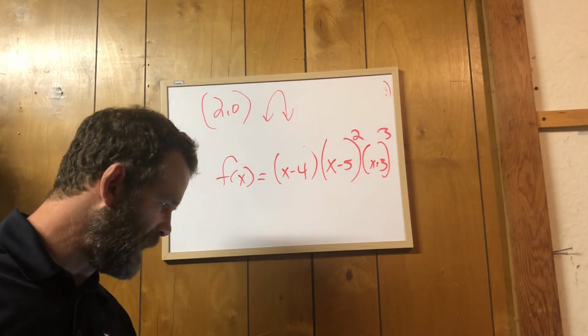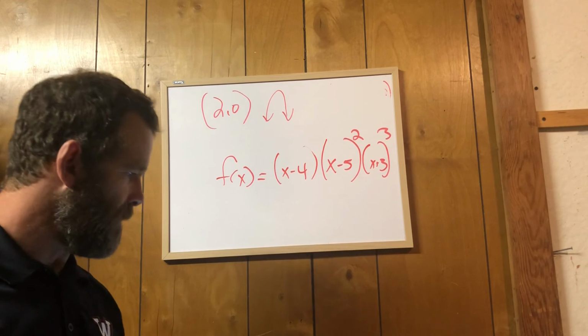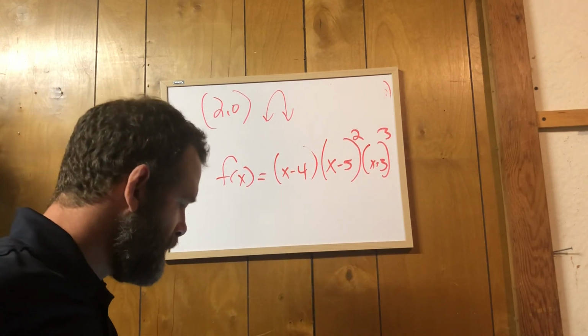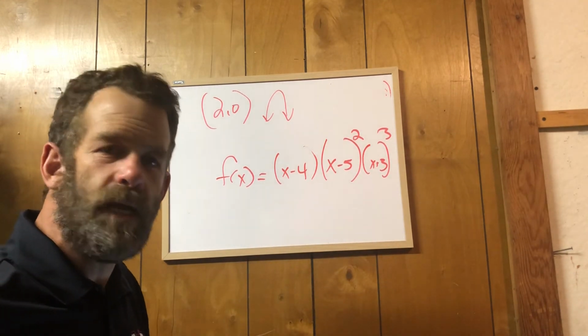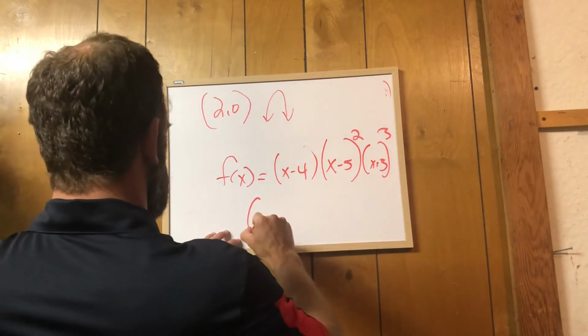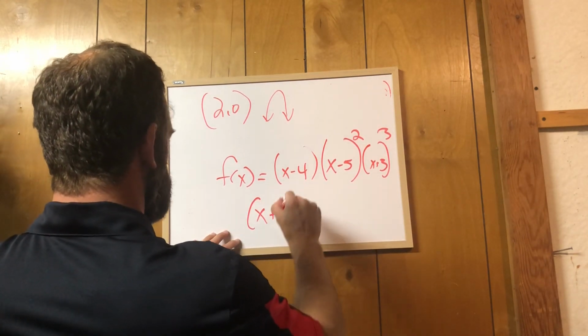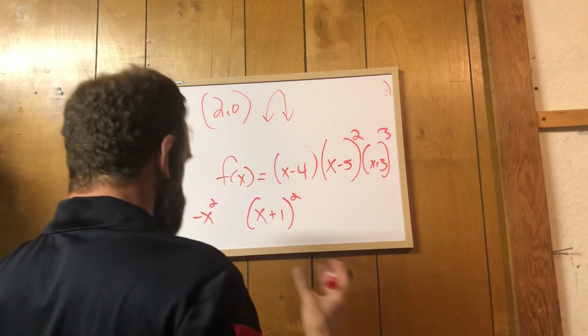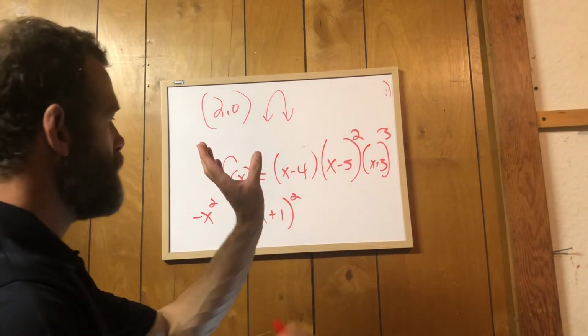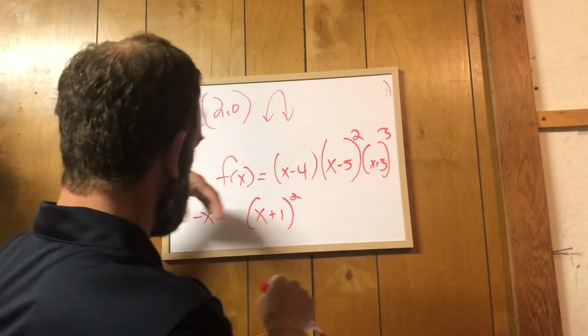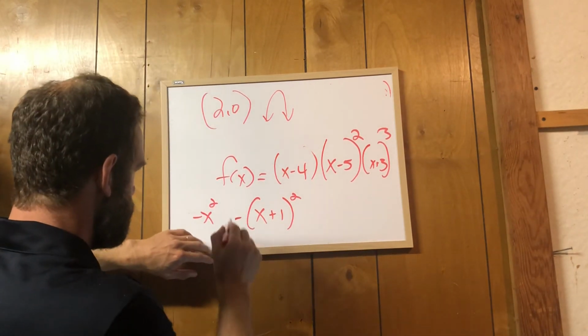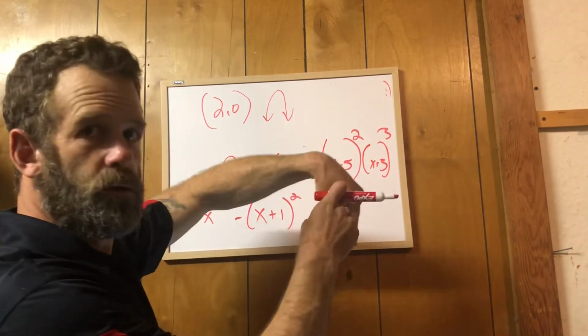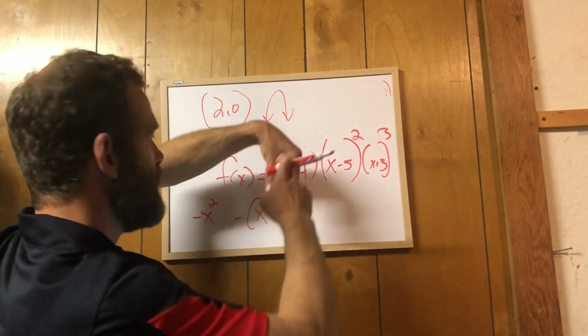Now, number 18. What happened from -x squared to negative, and then they put a 1 inside the parenthesis? X plus 1 squared compared to -x squared. Just think of your vertex. This is going to be open downward, and wherever your vertex slides, the whole quadratic slides that way.